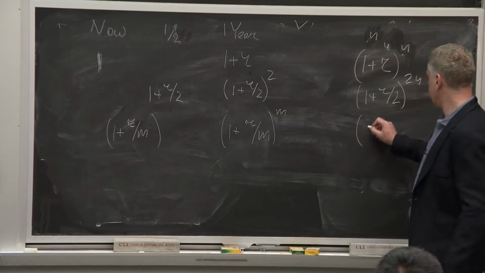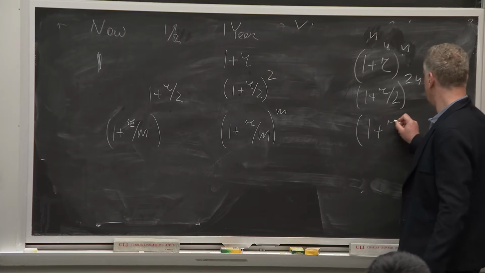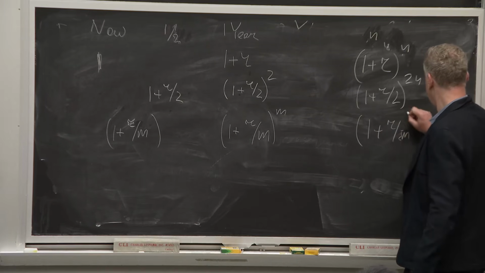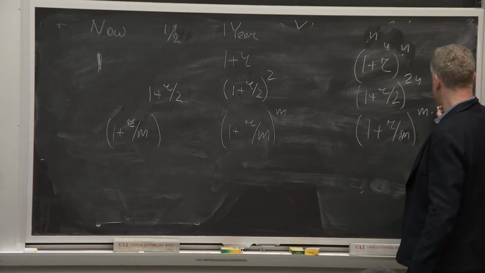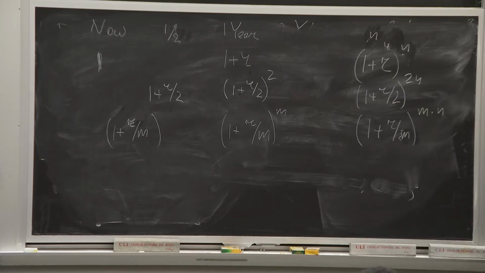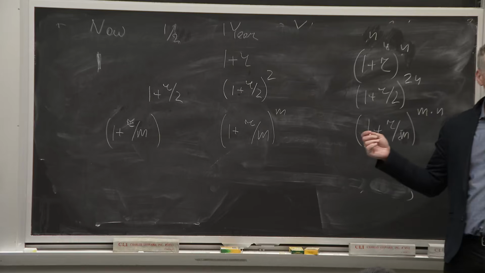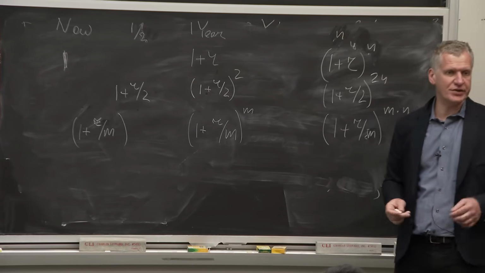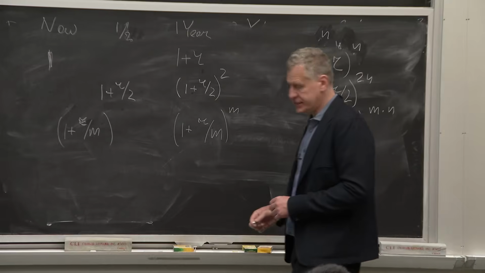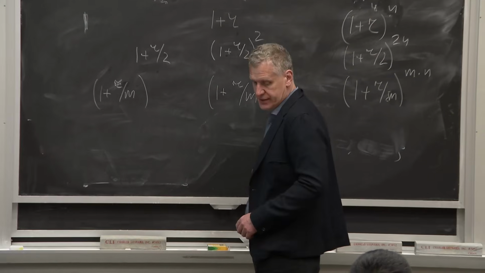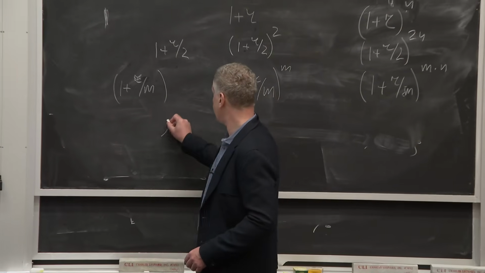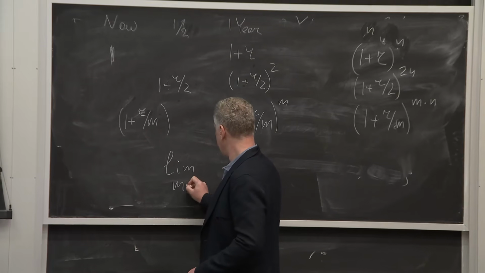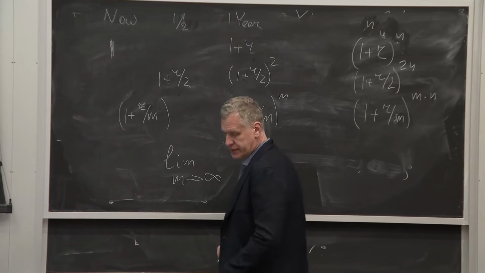And here, you'll get 1 plus R over m to the power m times n. All right. What if we take the limit? If we are able to reinvest every second, every millisecond, what happens then? So we'll send this m to infinity.